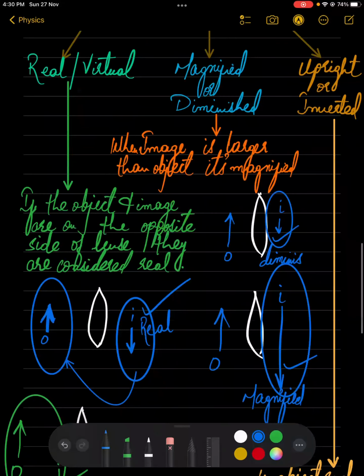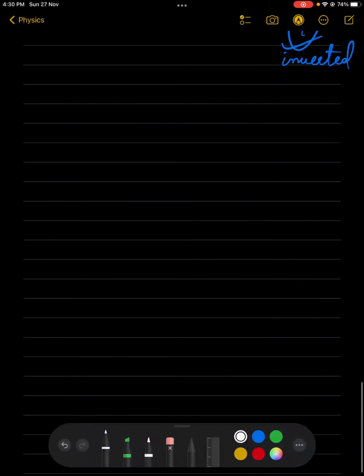So we'll now move forward onto the image formation by a lens. तो अब हम करने लगे हैं image formation.